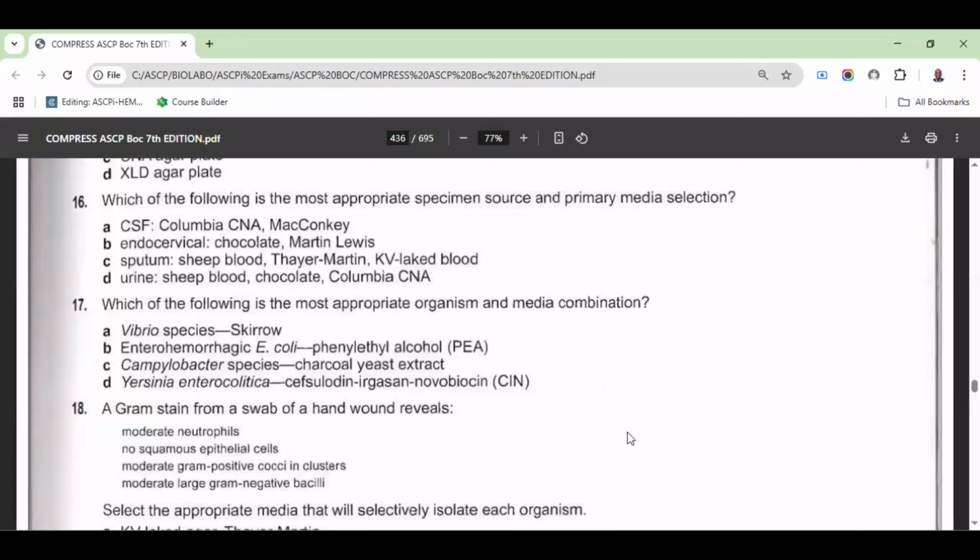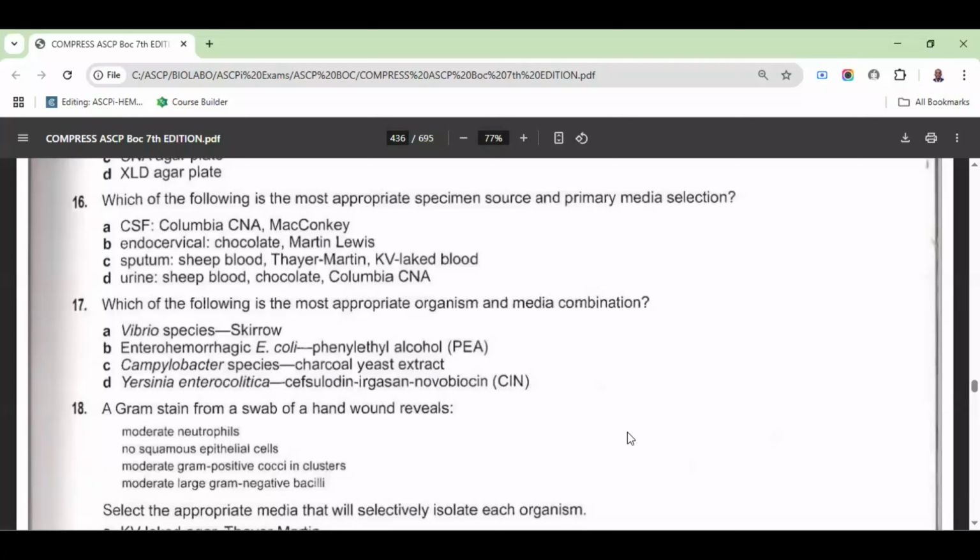It is not used for Vibrio, because for Vibrio you can use maybe Hektoen enteric or alkaline peptone water, then subculture on TCBS. That is for isolation of Vibrio species, but Skirrow is used for Campylobacter species.